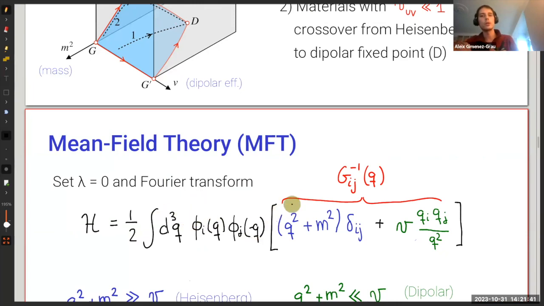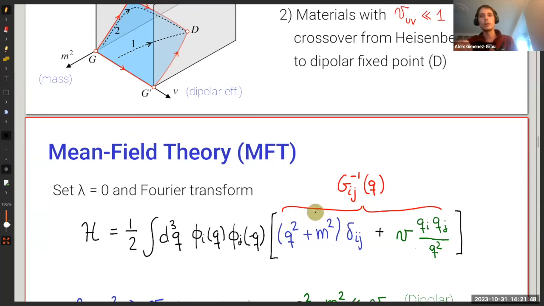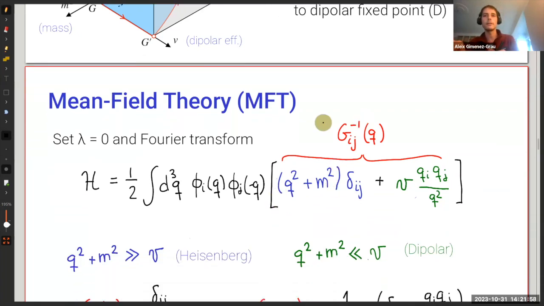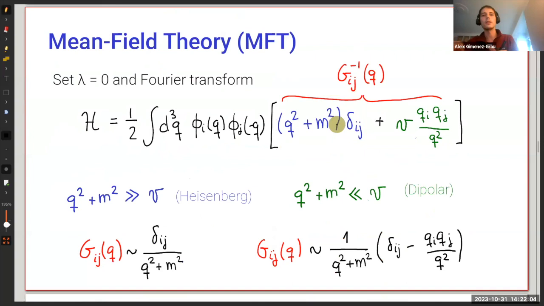What you obtain is that there's some kernel in your Fourier transform, and that in physics is what we know as the inverse propagator. So this object here is going to be the inverse propagator. Now by looking at this, we can invert this equation and compute what this G is, and we are going to observe two different regimes.